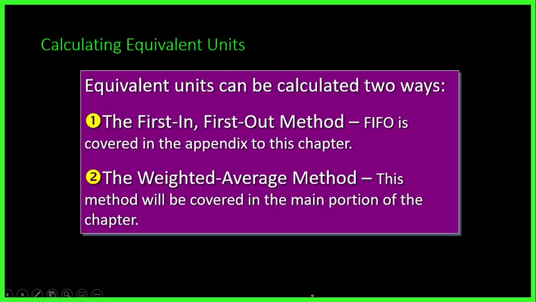In calculating EUP, there are two ways you can compute it. You have your first in, first out method, and you have your weighted average method. We will start by discussing the weighted average method because after that, I can show you the shortcut for the first in, first out method.